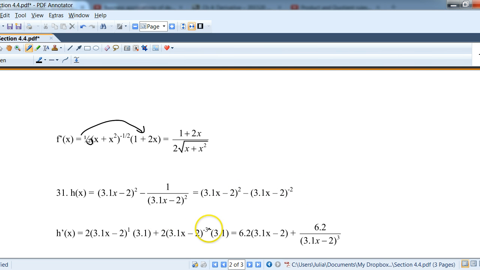And this becomes a negative third power, again times 3.1 as the derivative. So we can multiply 2 by the 3.1 in both cases. So we'll have 6.2 times (3.1x minus 2), which again we don't have to distribute, plus 6.2 can stay in the numerator, and (3.1x minus 2) to the third power can go in the denominator.